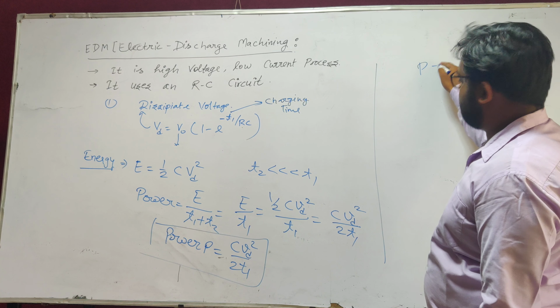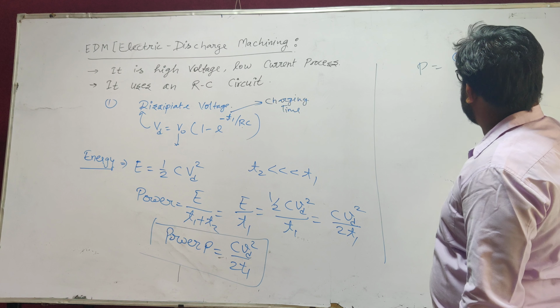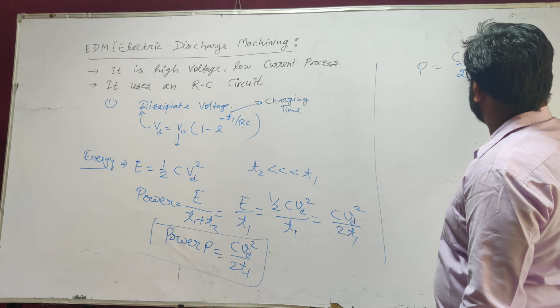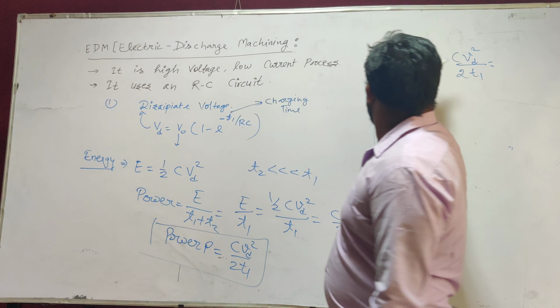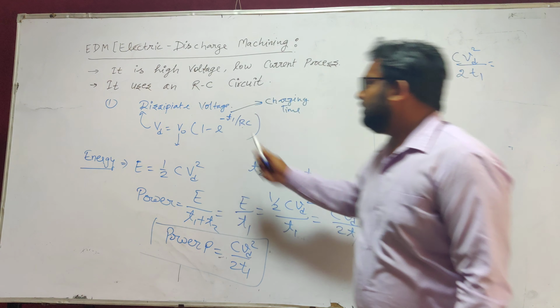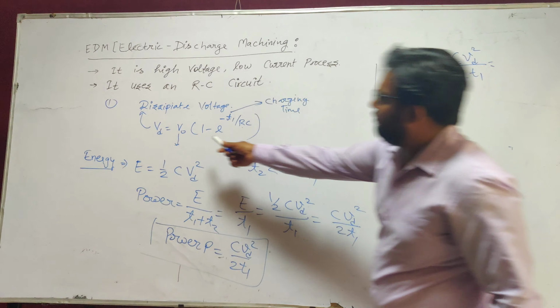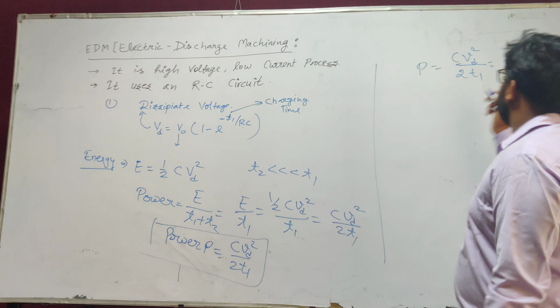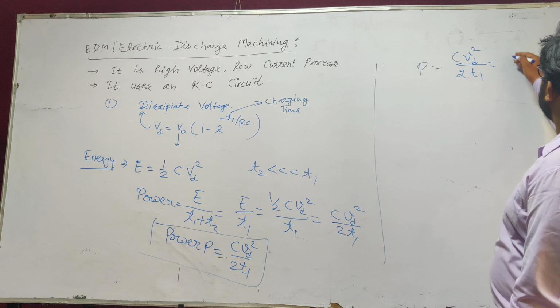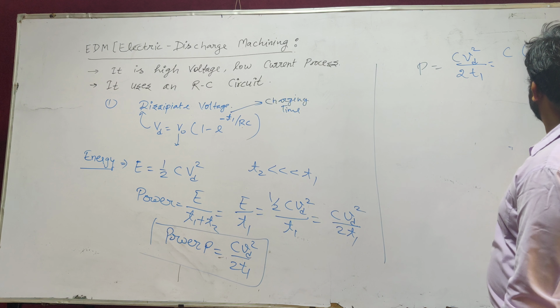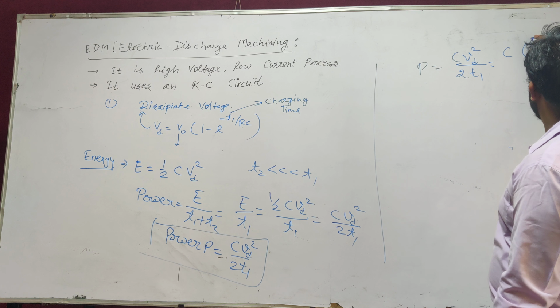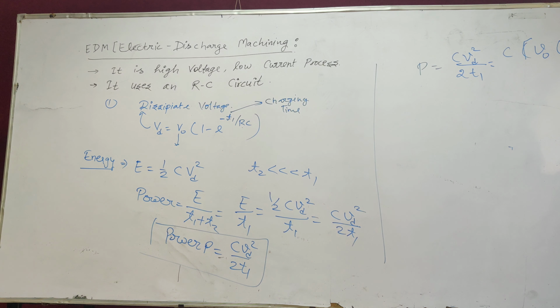So P equal to C Vd square upon 2T1. The value of Vd is V naught times (1 minus e to the power minus T1 upon RC). So P equals C V naught (1 minus e to the power minus T1 upon RC) the whole square upon 2T1.